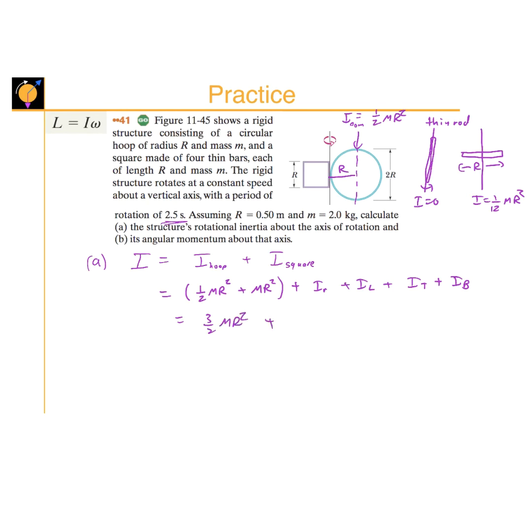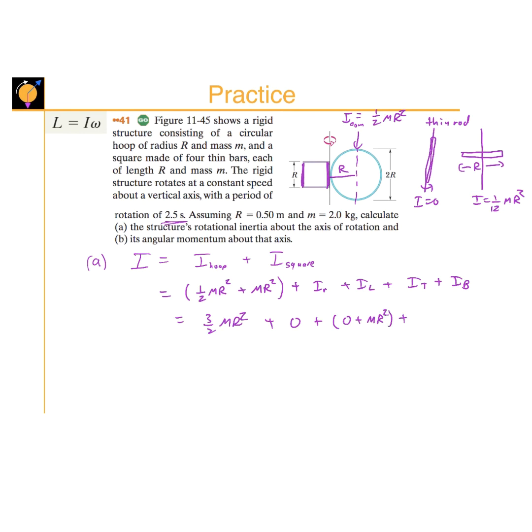So the right side is right here. It's on the axis, so that one is going to be 0. The moment of inertia for the left side, we're going to use the parallel axis theorem. So it's 0 plus the distance. How far is the left side from the axis of rotation? Well, it's distance r, so mr squared, right?